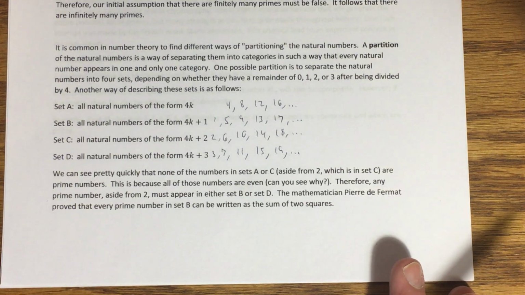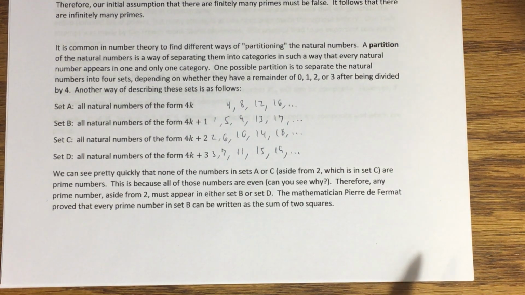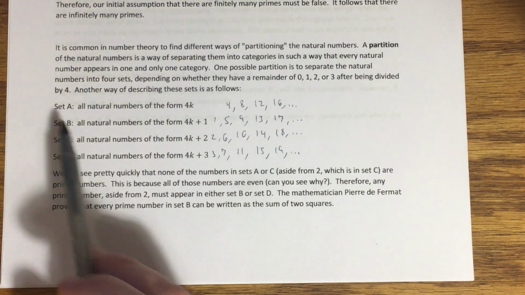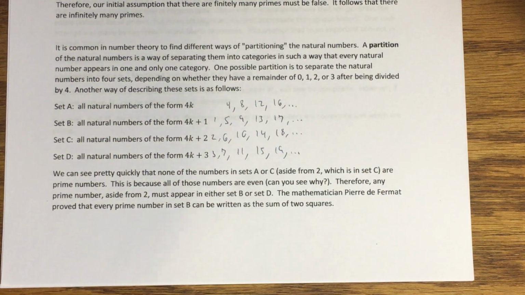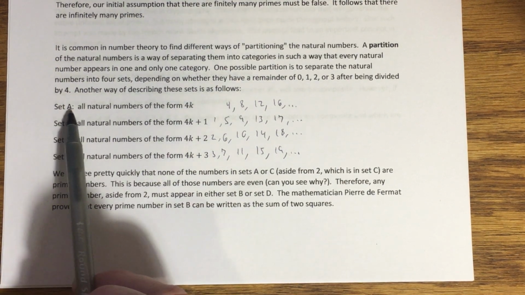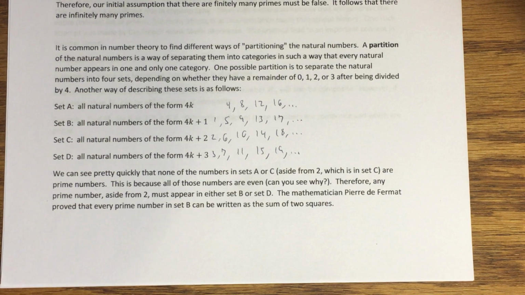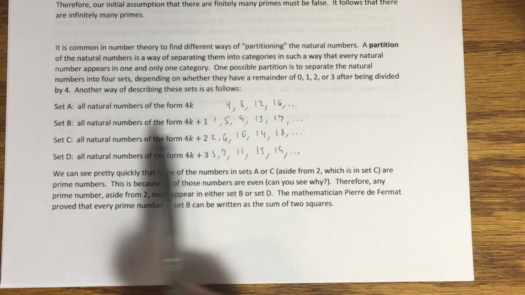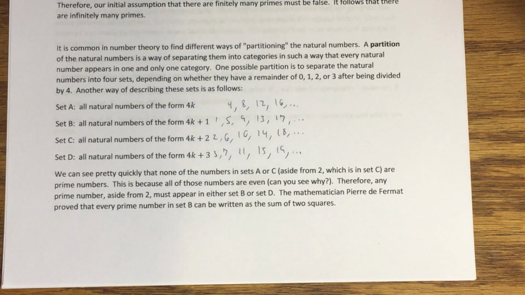Okay? Now, the question that arises is which of these sets contain prime numbers and which ones don't? Well, I can say pretty quickly that set A and set C, aside from the number 2 showing up in set C, none of these will contain any prime numbers.